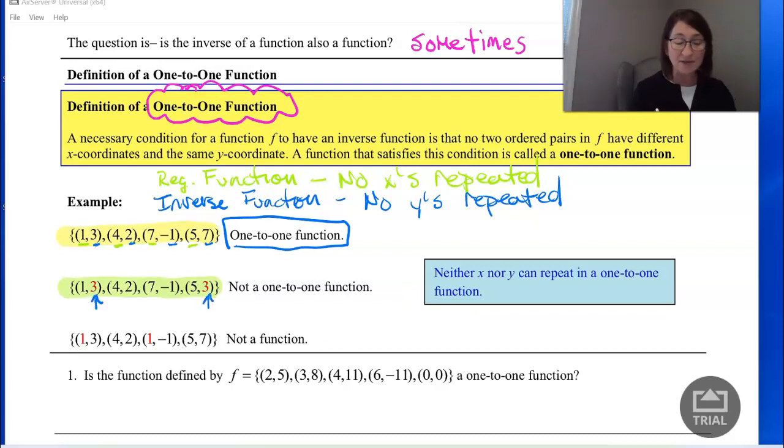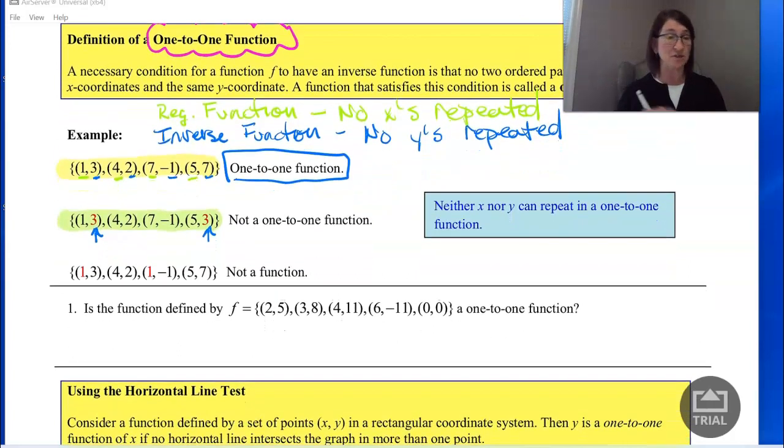I've got our 3's that are repeated. So that means it's not a one-to-one function. It's a function, but the inverse is not a function. So it's not one-to-one. Now, let's look at this last example. This last example is not even a function because our x's are repeated. All right.